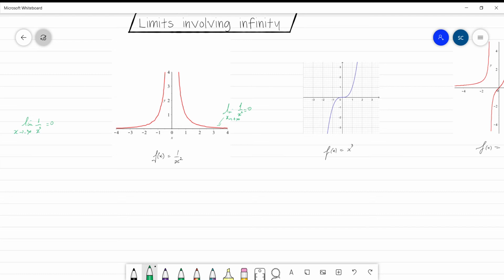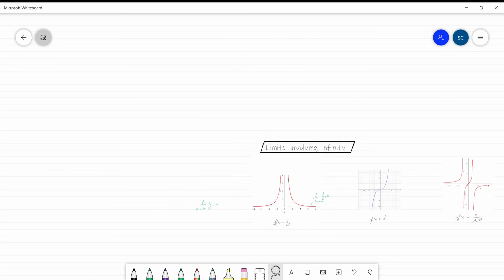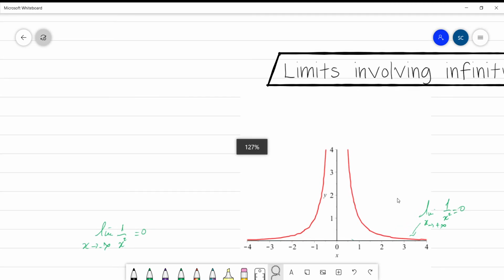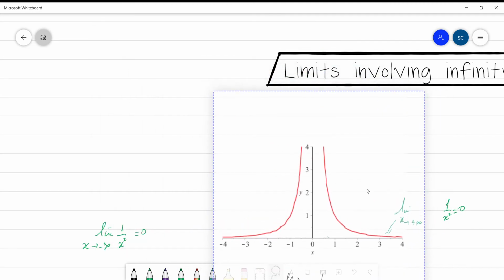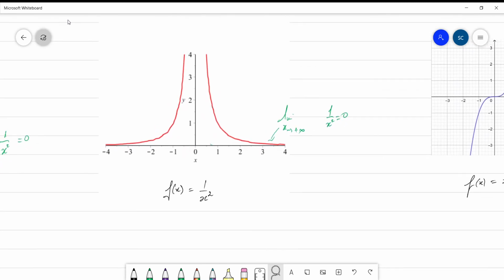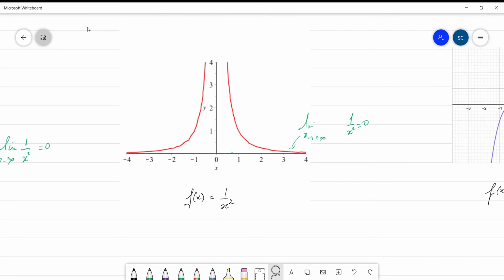Another behavior now: when your x here is close to 0, you look at the images, the values taken by f, and you see they become larger.